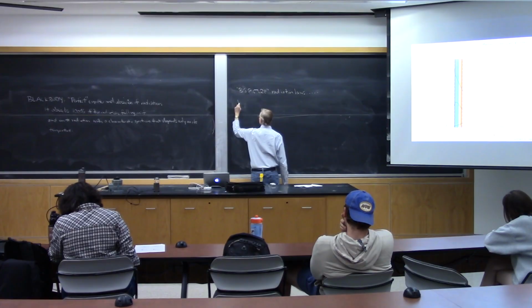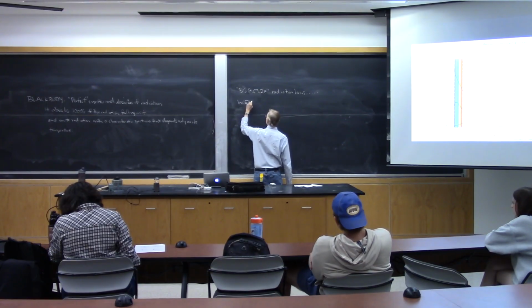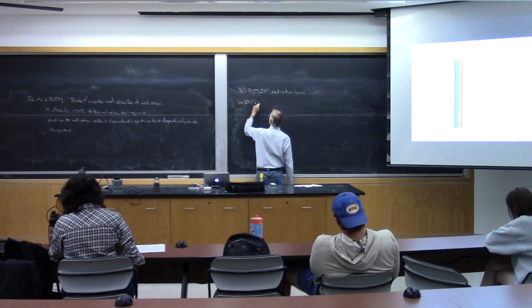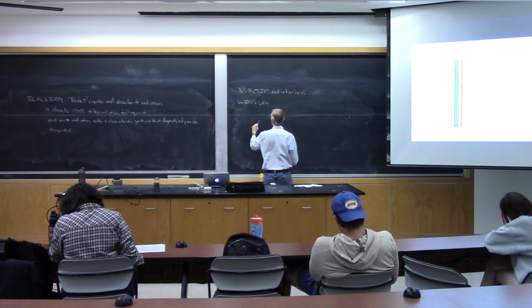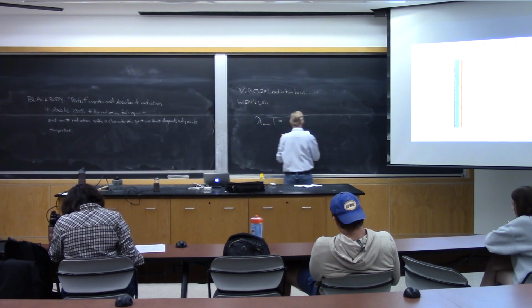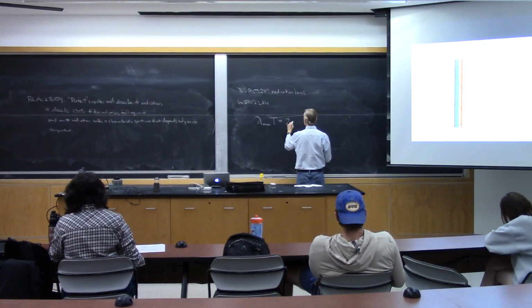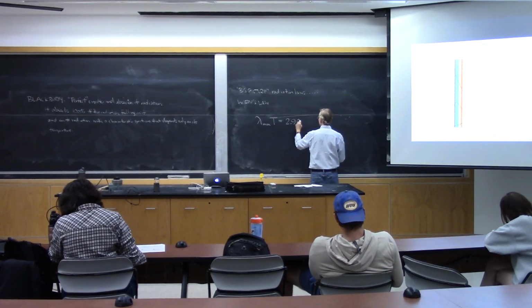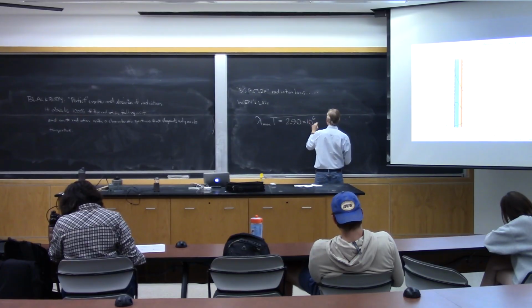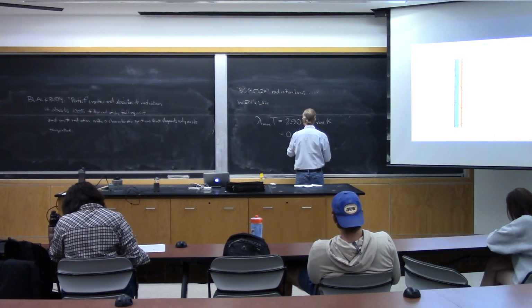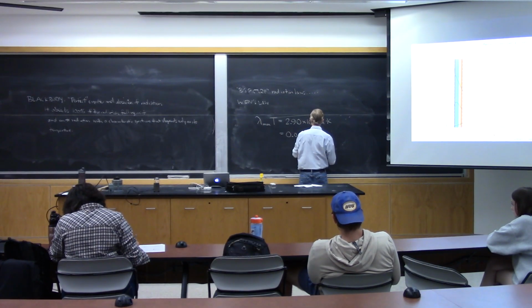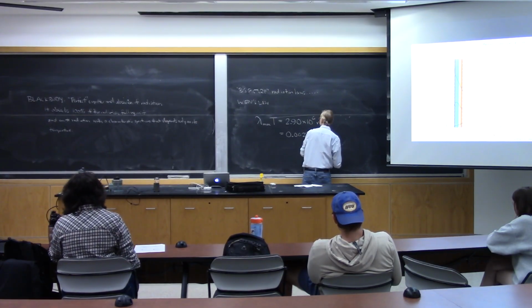We have Wien's law, which says that lambda max T is 2.90 times 10 to the 6th nanometer Kelvin, or if you like, 0.0029 meter Kelvin.